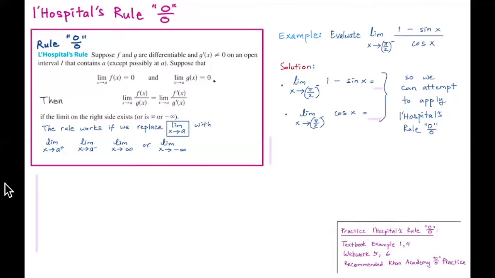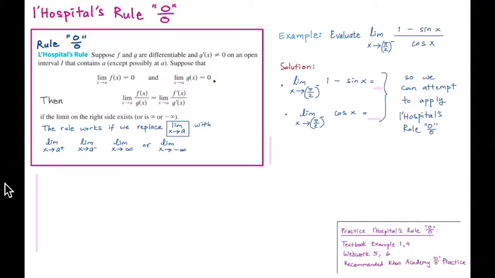This is called L'Hopital's rule. And this method works when you have two functions, f and g, and the two functions are differentiable. And suppose you know that the limit of f is 0 and the limit of g is 0.